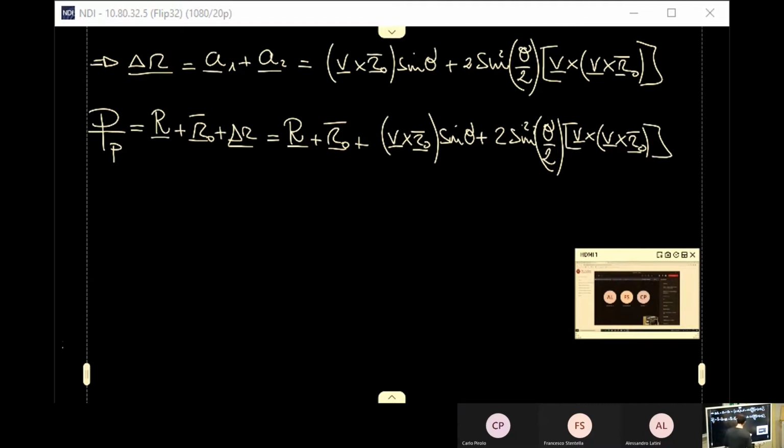Now we do something, let's say we introduce a notation. We say that v times r0 can be expressed introducing a skew matrix like this. So matrices will be indicated in this course as a double underbar.